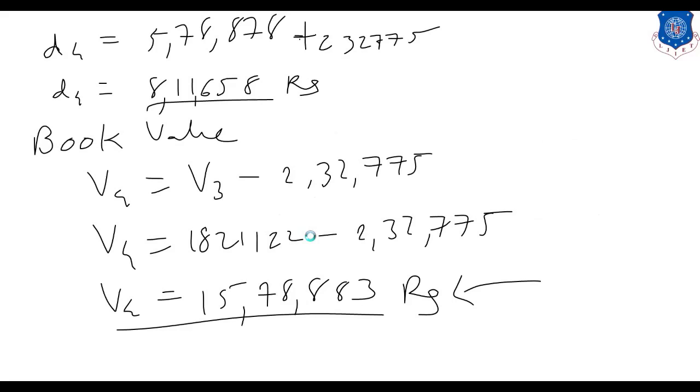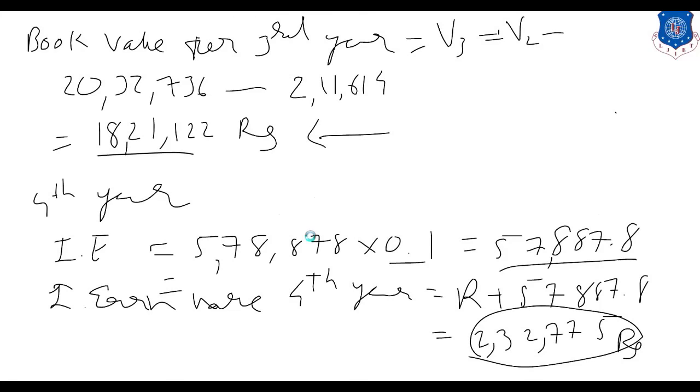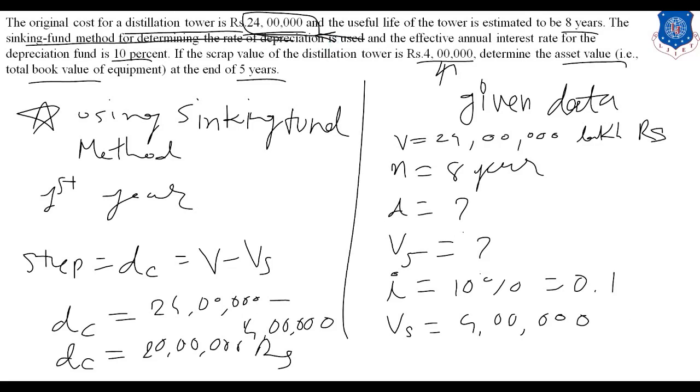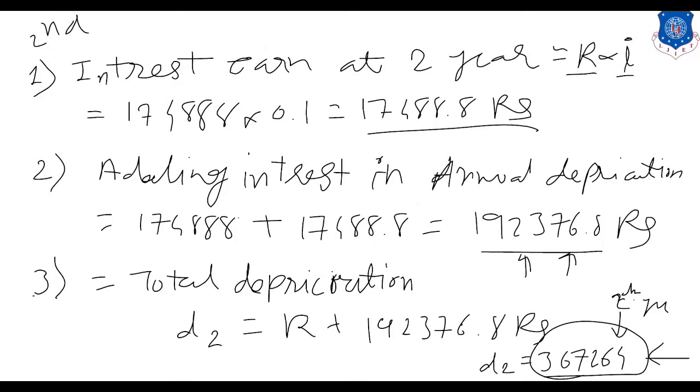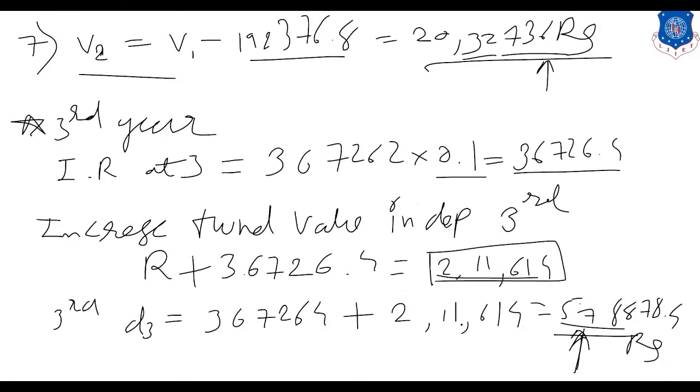Initially the value of the distillation column is 24 lakhs. At the end of the 1st year, the value becomes 22 lakhs 25,112. After completion of the 2nd year, it becomes 20 lakhs 32,736.